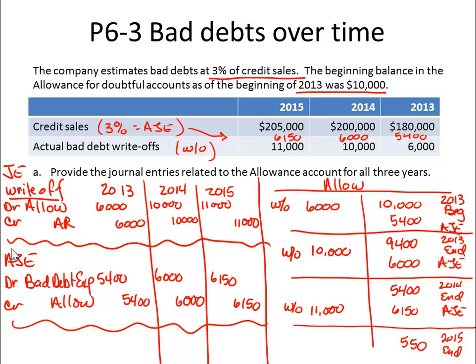And notice in this case, I've made the journal entries and my allowance account is shrinking as far as its ending balance, and so 3% probably is not enough to cover what's really happening.